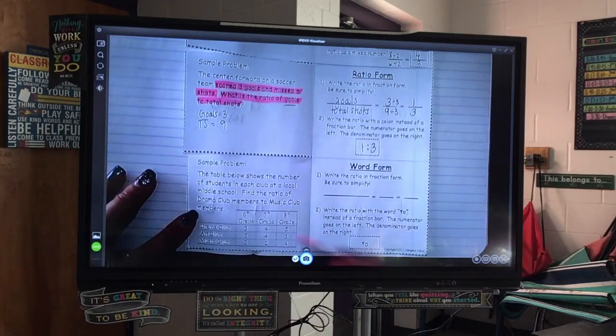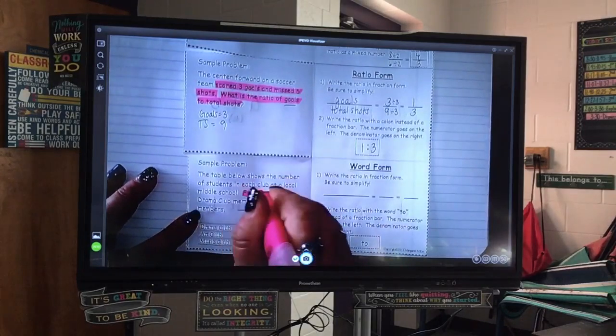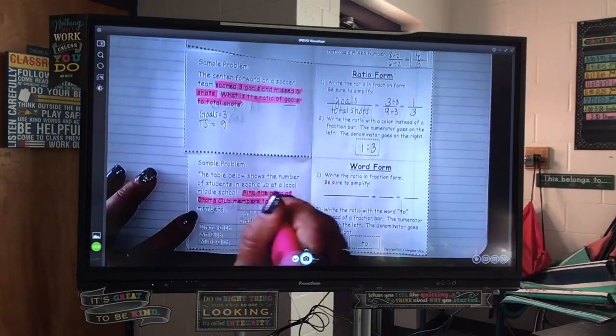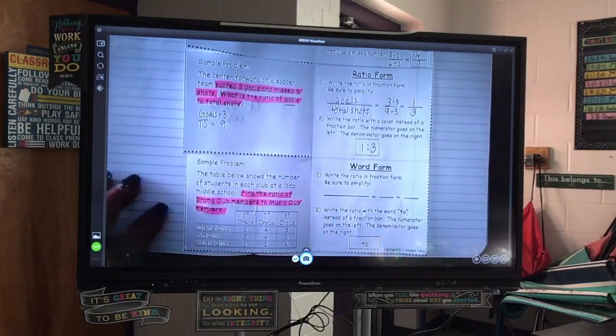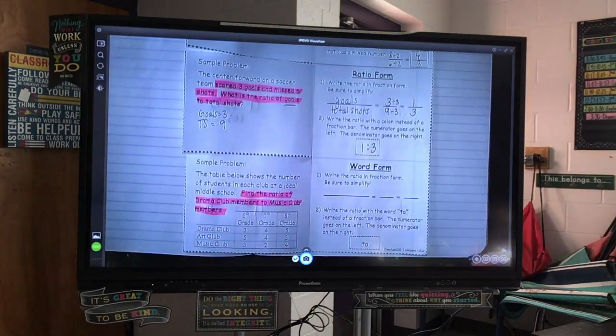Find the ratio of the drama club members to music club members. Okay, so does that mean I'm only using one grade level, Troy, or am I going to use them all? Right, because it doesn't specifically say 6th grade or 7th grade or 8th grade. So with the table, you are using all of them.